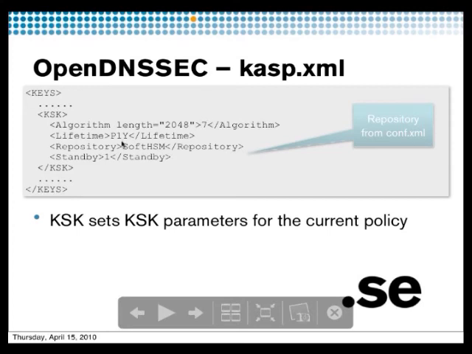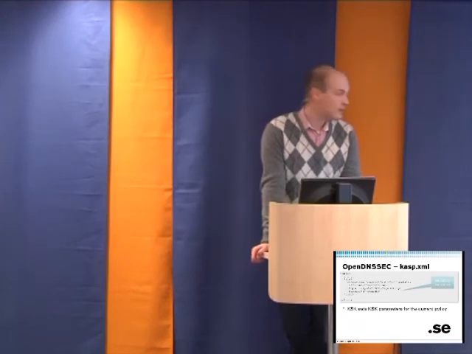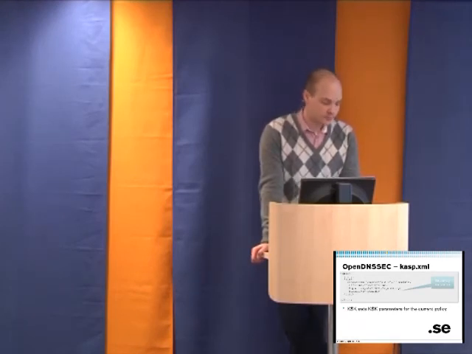And then you have how often your keys should be rolled. It's once a year. But OpenDNSSEC won't do it fully automatically for you because you have to upload the public key before we can complete the key rollover. But I will show you a command for how you do the key rollovers in OpenDNSSEC, and you will also try it tomorrow to see how the key rollovers are done.